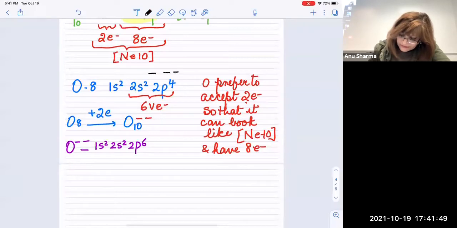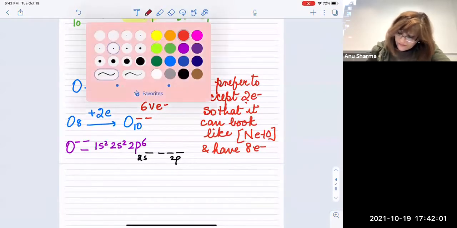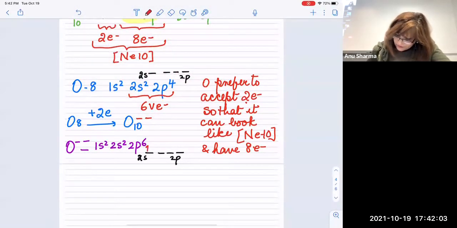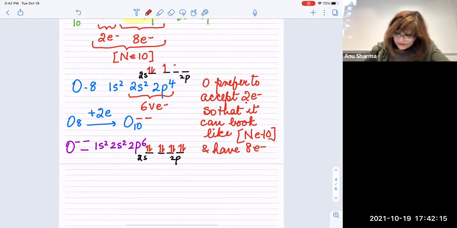Here we have 2s2 and 2p6, which is 1, 2, 3, 4, 5, 6. In this case, we have 2s2 here, and 2p4, which is 1, 2, 3, 4.